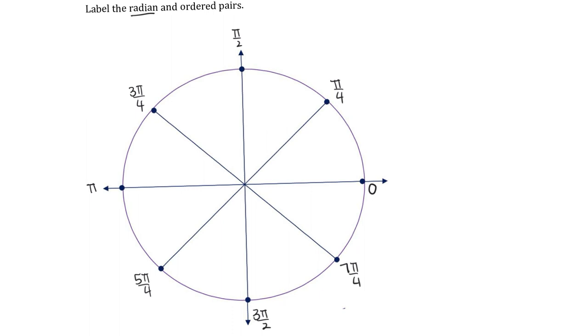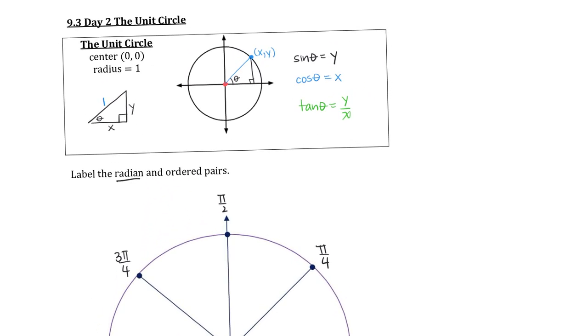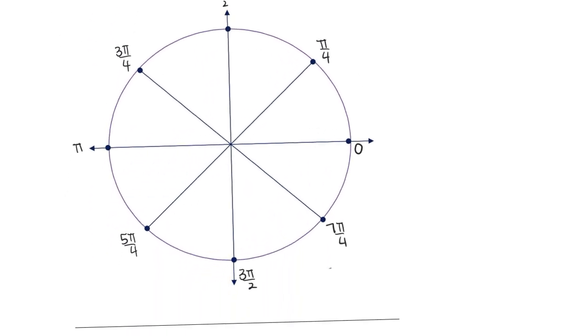Now each of these points also has an ordered pair. Some of them are easier to label. So let's look back up here at the unit circle. If this is a unit circle, then the radius of the circle is 1. So if I start from (0, 0) and I go to the right 1, that ordered pair is (1, 0).